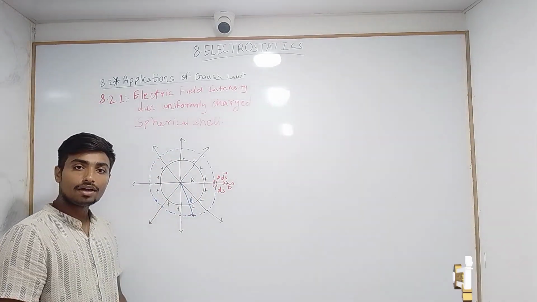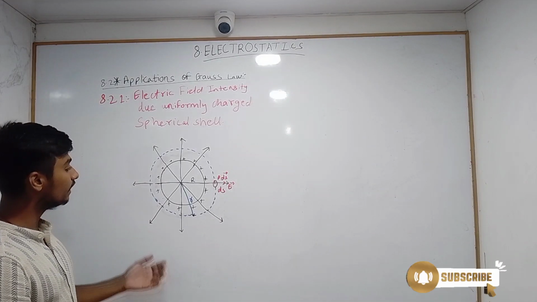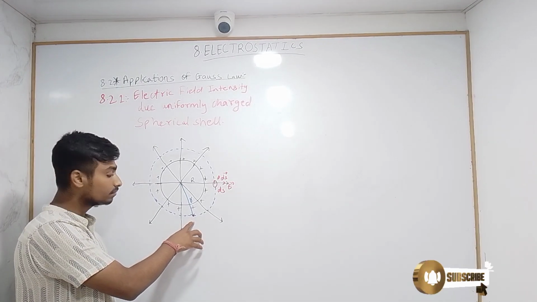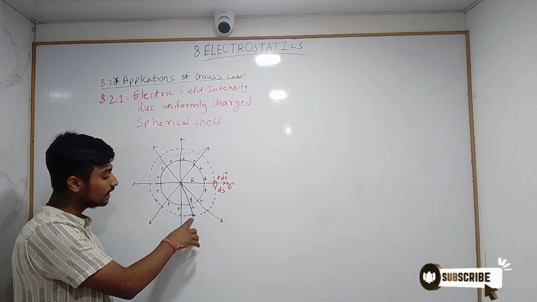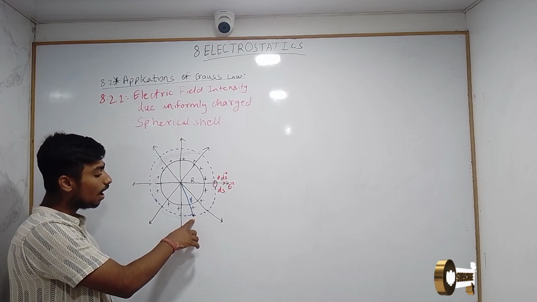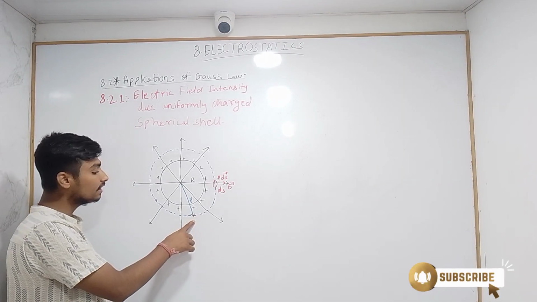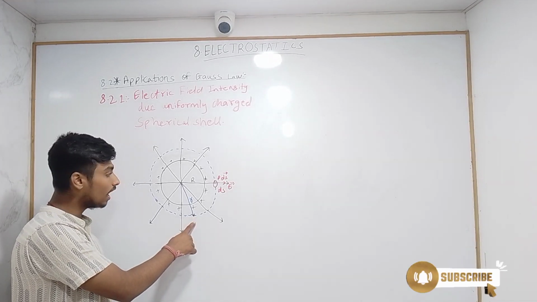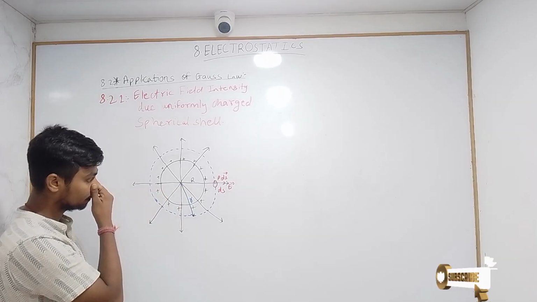So the point where we have to find the electric field intensity is basically on the edge, or you can say on the outward point of our imaginary Gaussian surface at a distance of small r from our main sphere.